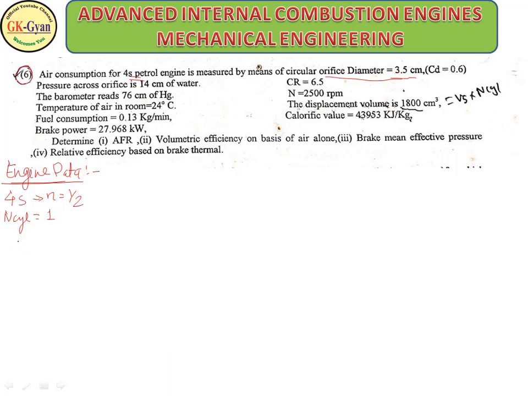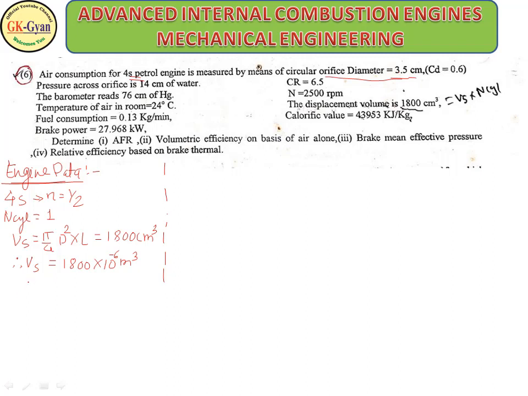Displacement volume Vs is pi by 4 d square into L. It is nothing but 1800 centimeter cube. Therefore Vs equals 1800 into 10 to the power minus 6 meter cube.